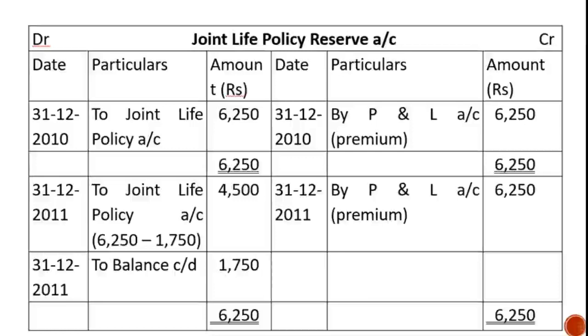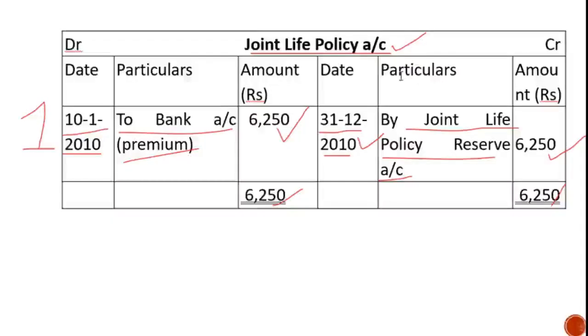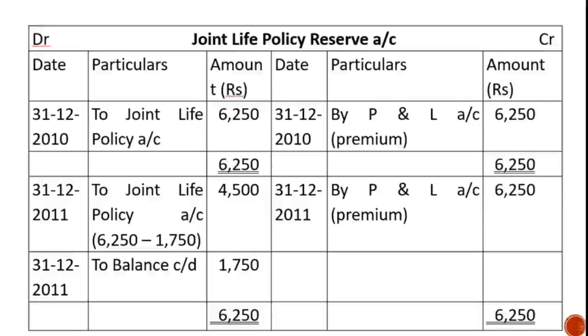So in the joint life policy reserve account, first we have to record the reverse entry of that. So in the first year we have recorded an entry in the joint life policy by joint life policy reserve account. So this is on the credit side. Now we have to record in the joint life policy reserve account on the debit side.